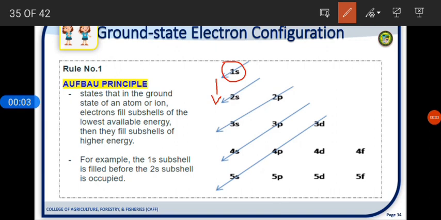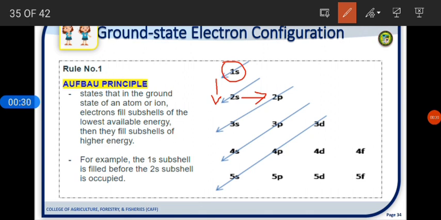Now, this is the pattern on how we are going to write the correct ground state electron configuration. So according to the Aufbau principle, we have to start with 1s first and then down to 2s. Then after 2s, the next is 2p.